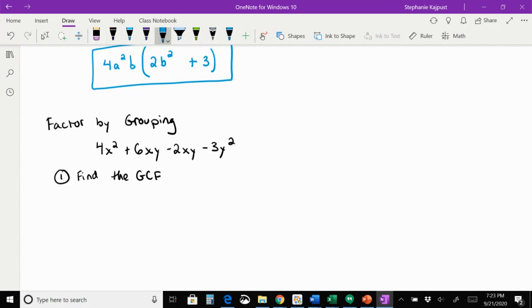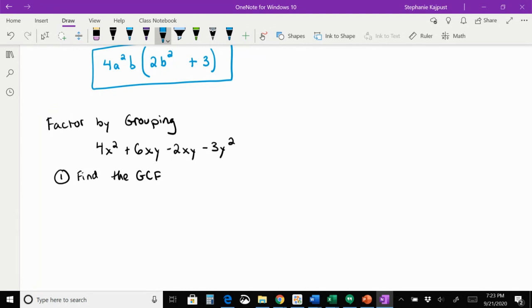If we're finding the greatest common factor with 4 terms, with the numbers, I need a number that I can divide into 4, 6, 2, and 3. All 4 of those need to have a number in common. Unfortunately, there isn't a single number I can divide out of all 4. I can divide 2 out of 4, 6, and 2, but I can't divide 2 into 3 and get a whole number. I can divide 3 into 6, but it doesn't go into 4 and 2.